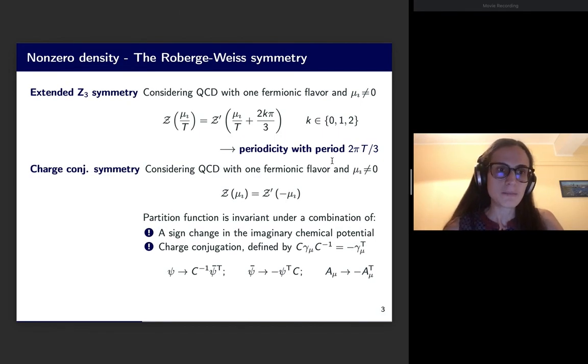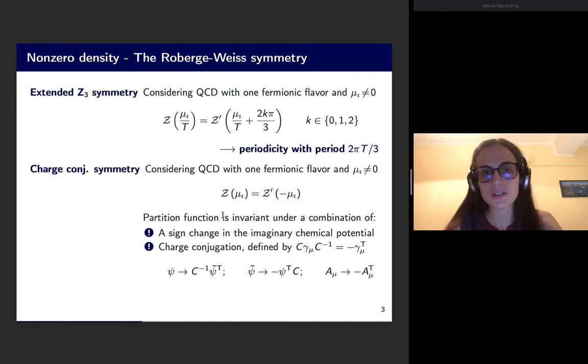That's not it, because we also have charge conjugation symmetry. In particular, again in the same setup, the partition function at mu_I is equal to the transformed partition function when you change the sign of the chemical potential.